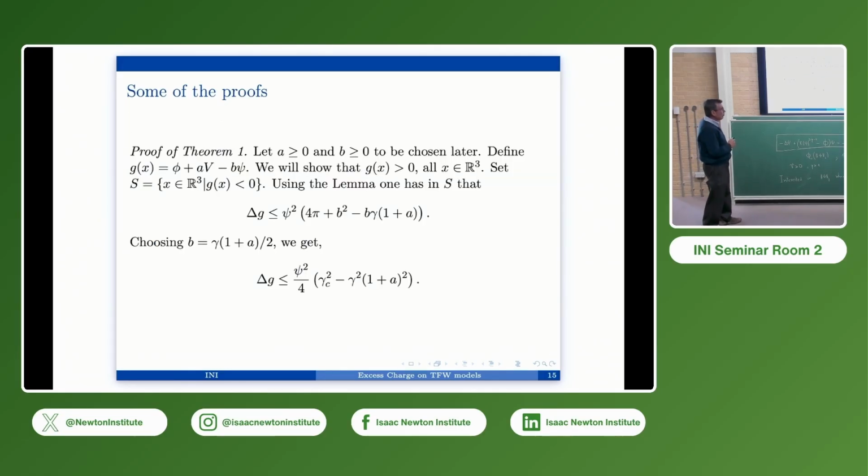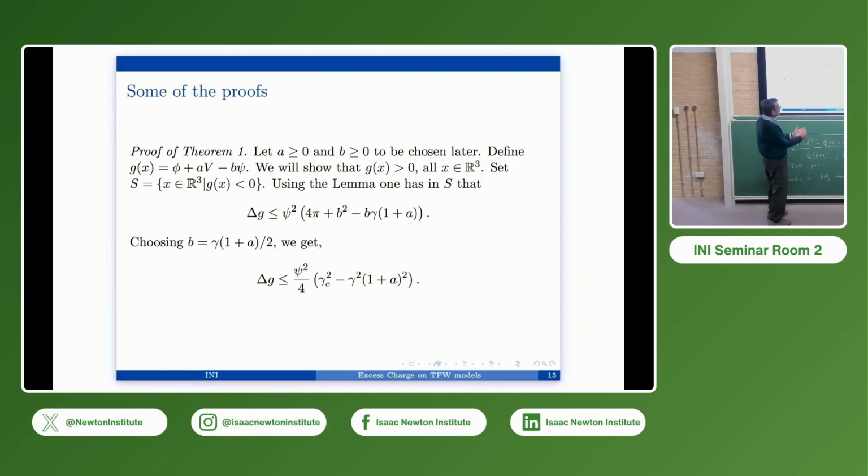And in order to prove that Q is equal to 0 when gamma is bigger or equal than the critical constant, again you use a comparison theorem. But now, instead of defining F to be the difference between these two things, you define G to be the Coulomb potential plus a constant A minus B of psi. And A and B are going to be chosen later.